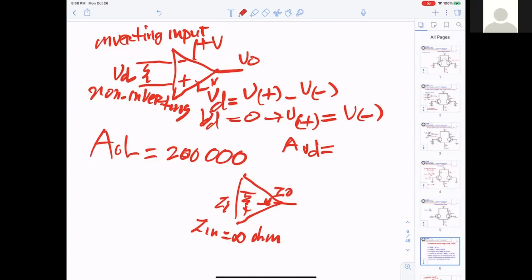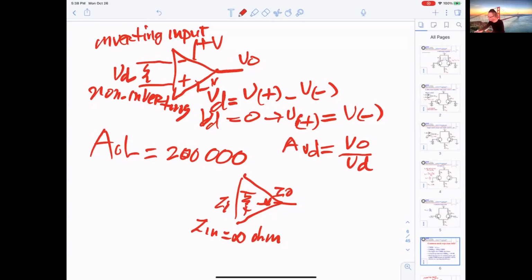I think V out over VD. Okay, that's good. V out divided by the difference between the two terminals, VD. Right? Yes. Okay, that's the definition.